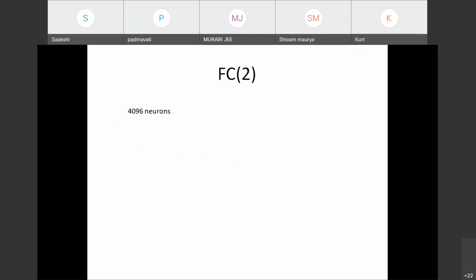Again, it has 4096 neurons in it. The third fully connected layer is definitely an output layer which uses the softmax function. So it has 1000 different neurons in this particular fully connected layer. Do you get that?